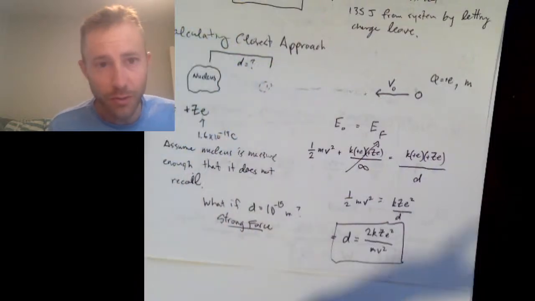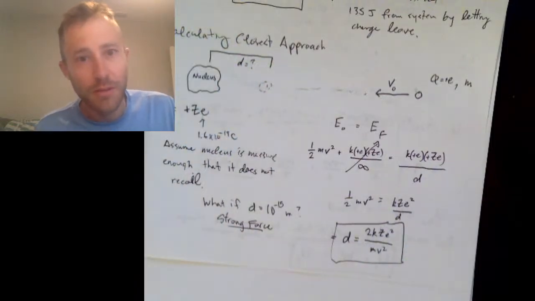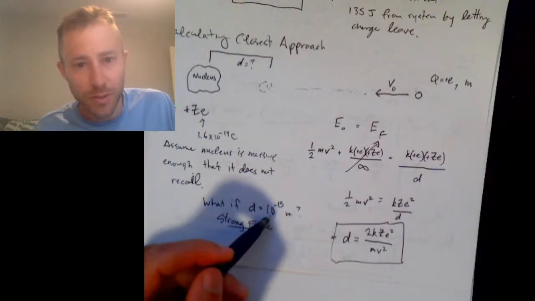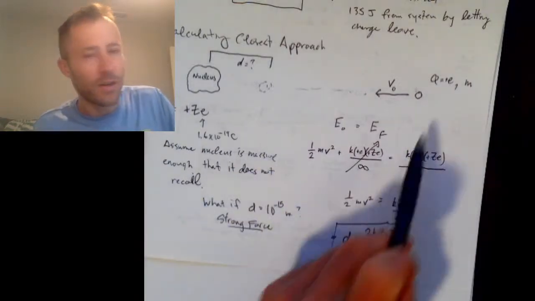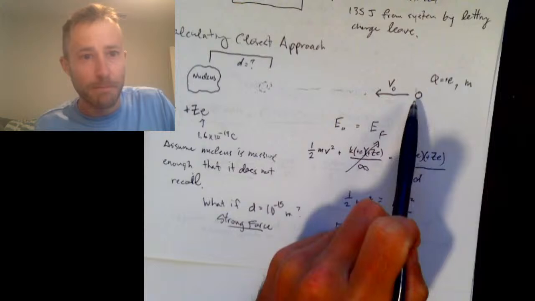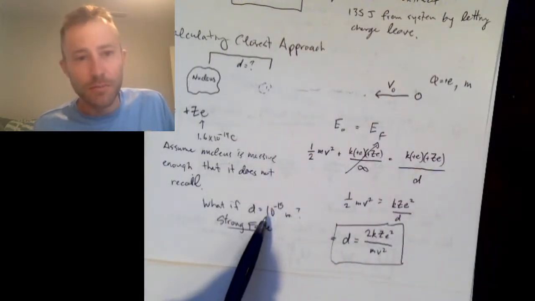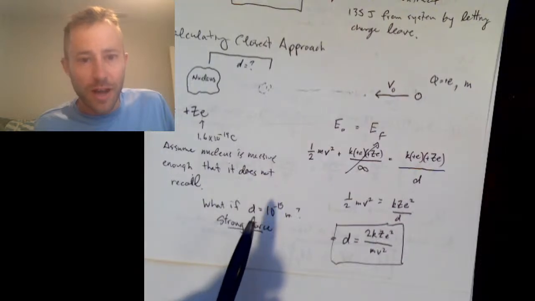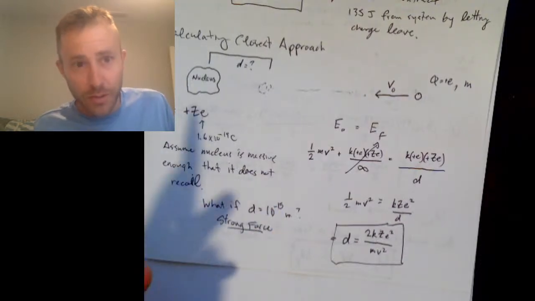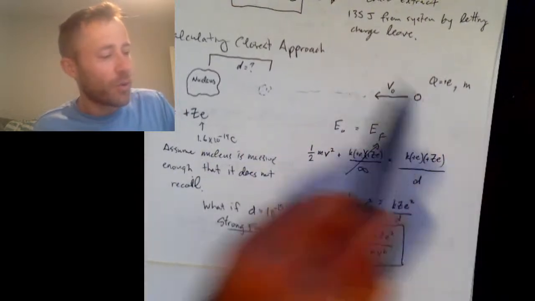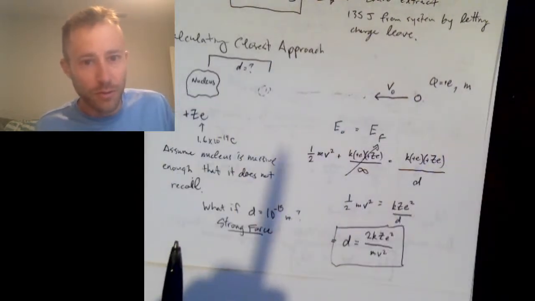Okay, the strong nuclear force is stronger than electrical repulsion, but it only works when you get really, really close, about 10 to the minus 15 meters away. So if you start this charge with enough speed where it can get to within 10 to the minus 15 meters, we could actually have fusion occurring, okay? The strong force will take over and just incorporate this particle into the nucleus, all right?